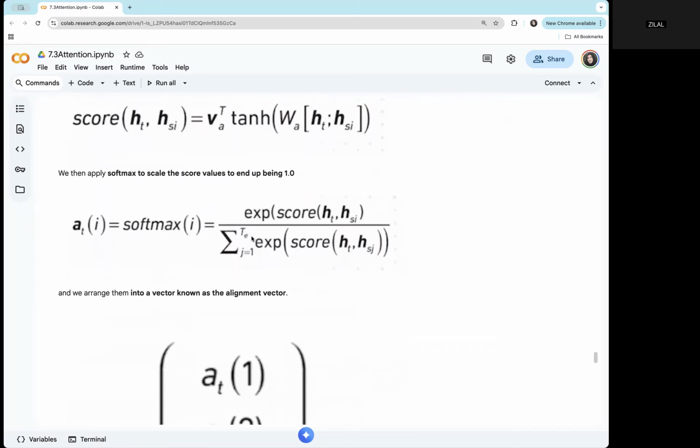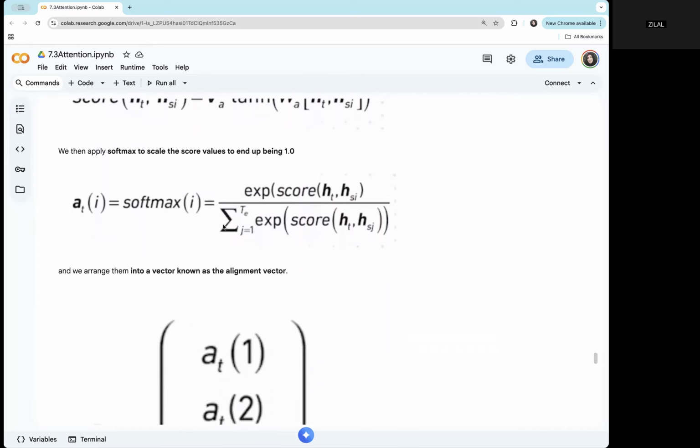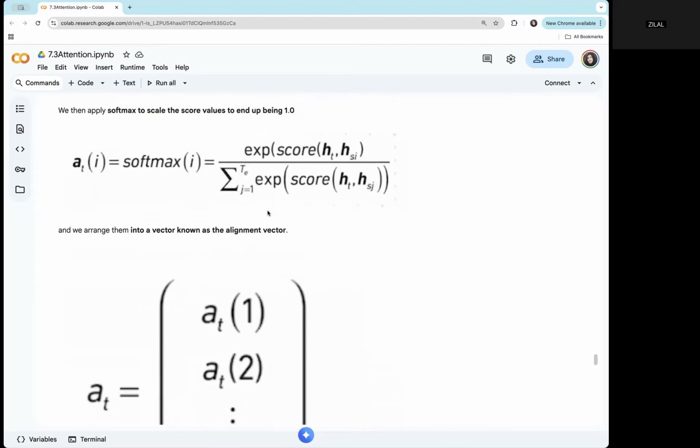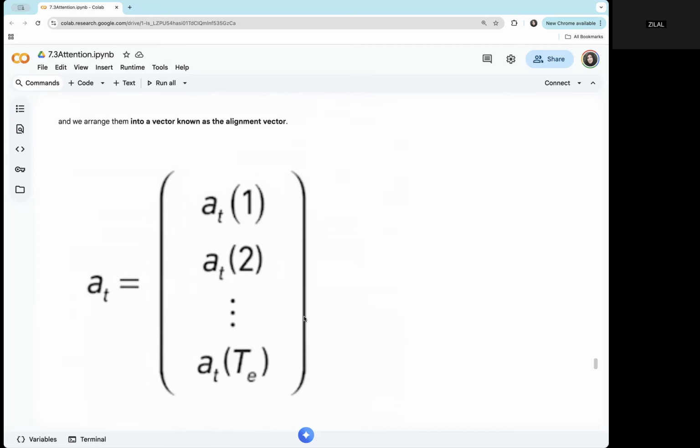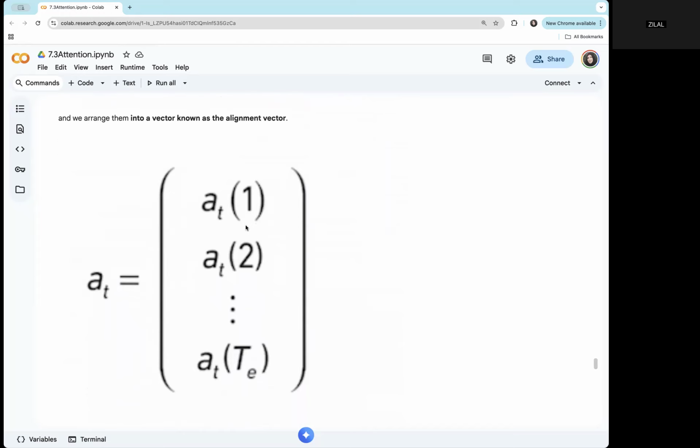We then apply softmax to scale the score values to sum to 1.0, and we arrange them into a vector known as the alignment vector.